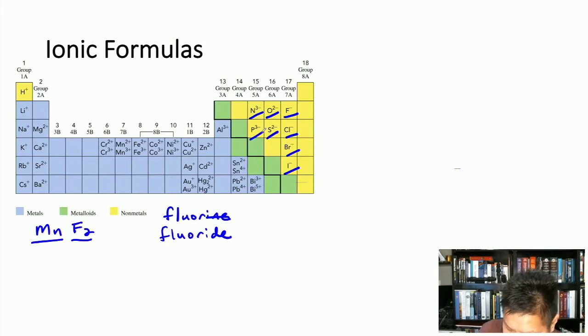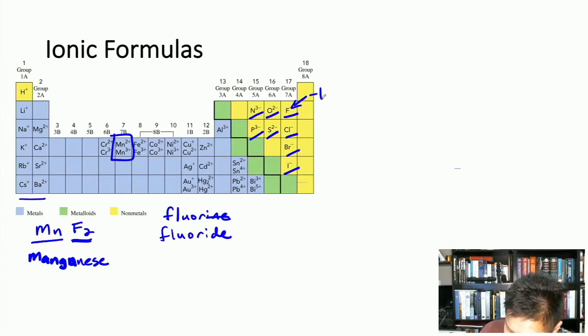You don't have to do that with the metals, though. The metals will stay with their original name. So back to this, though. How do I know how to write the manganese name? Because I don't know what charge manganese is. It could be a +2 or a +3 charge, right? But if I look over here at the fluoride ion, it has a -1 charge.